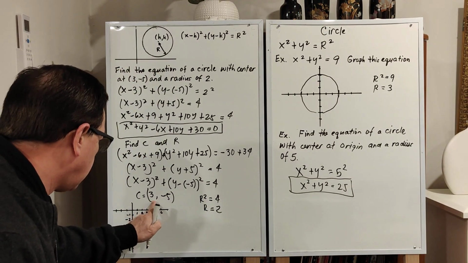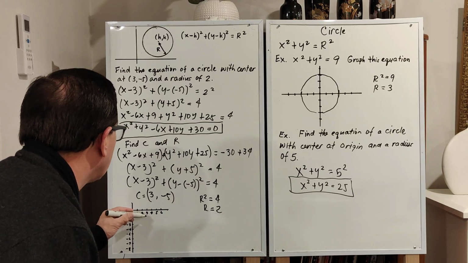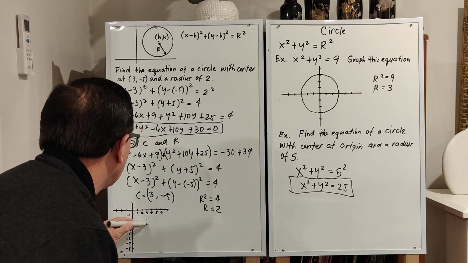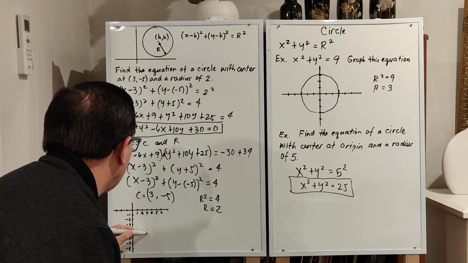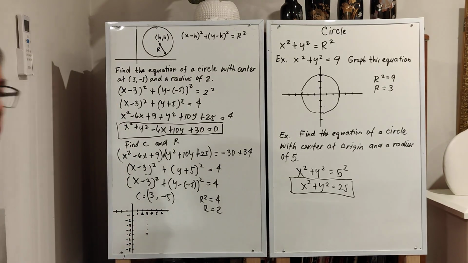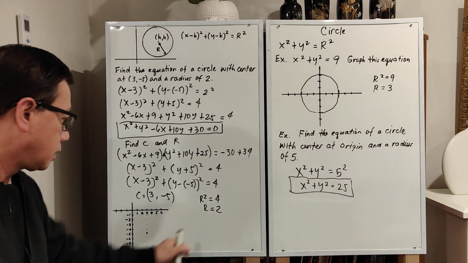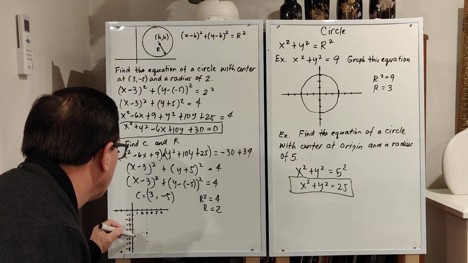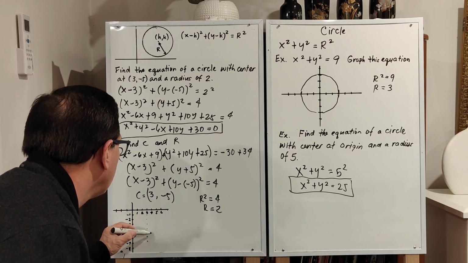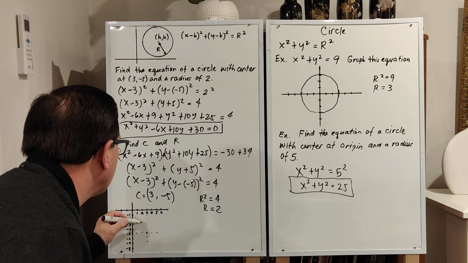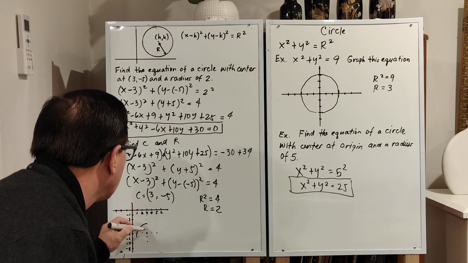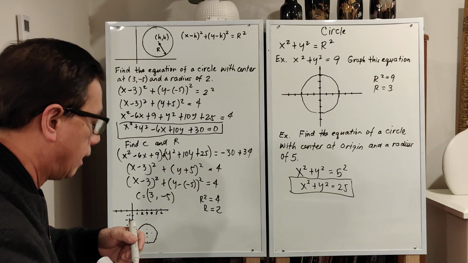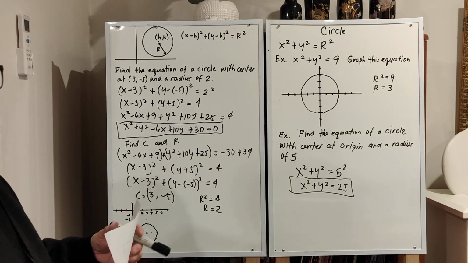The center is at (3, -5), so 1, 2, 3, and then -5, 1, 2, 3, 4, 5. See, this is your center, and your radius is 2, so this is your circle, and that's the circle equation.